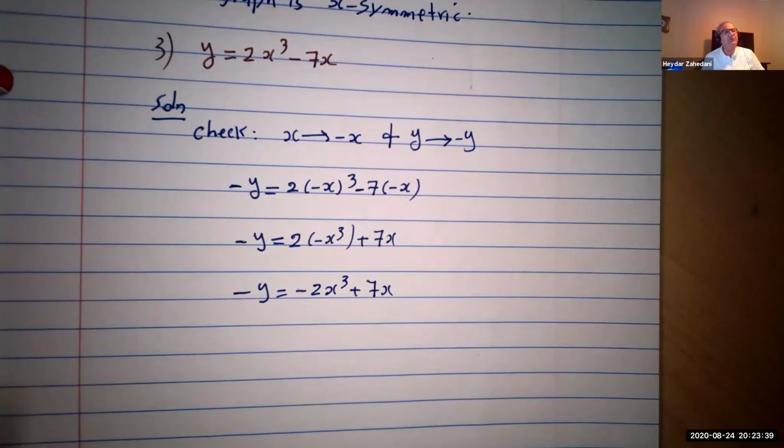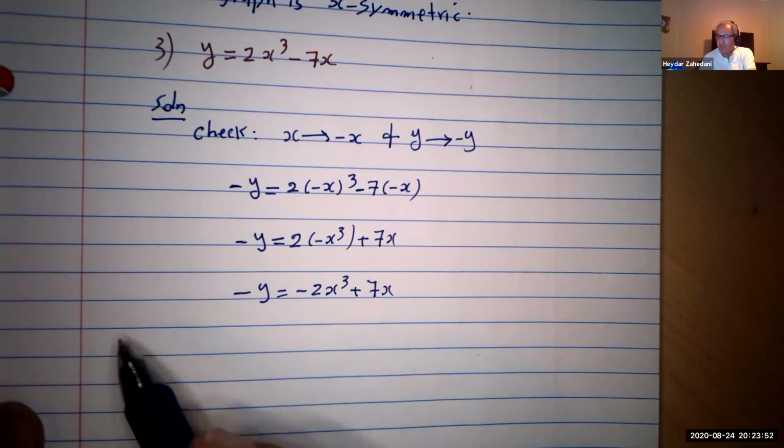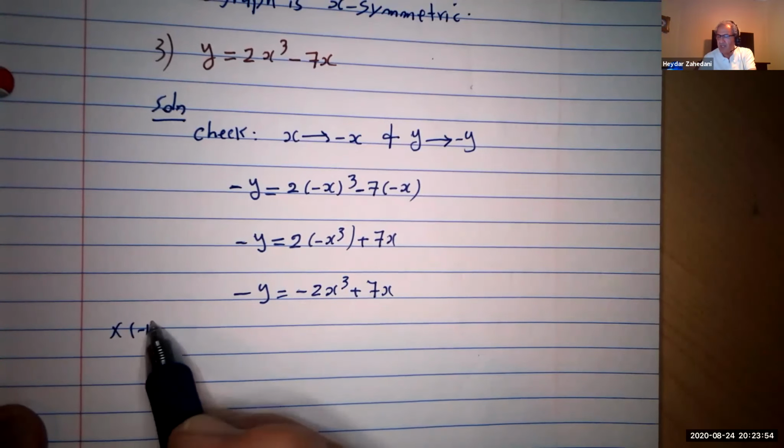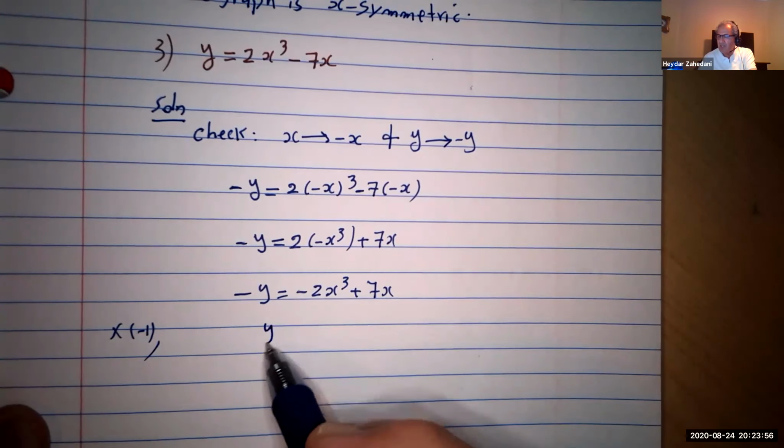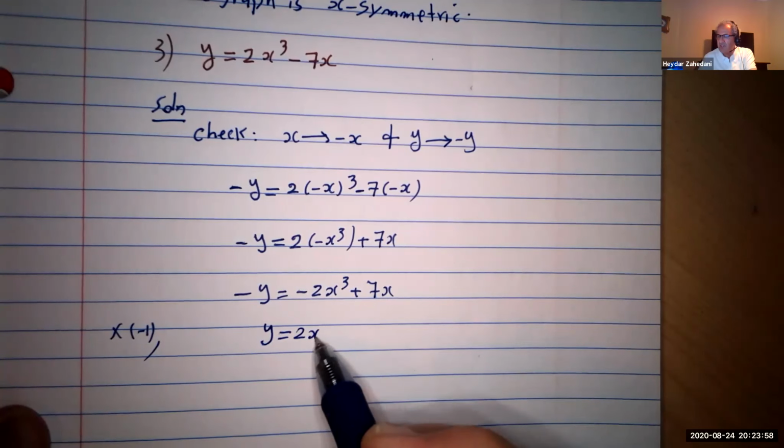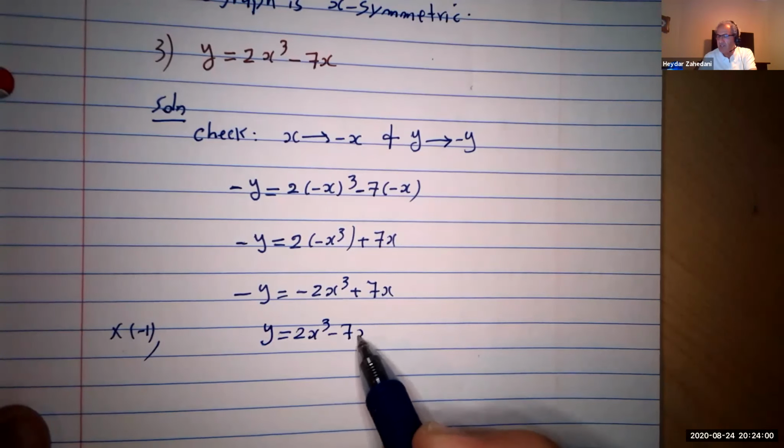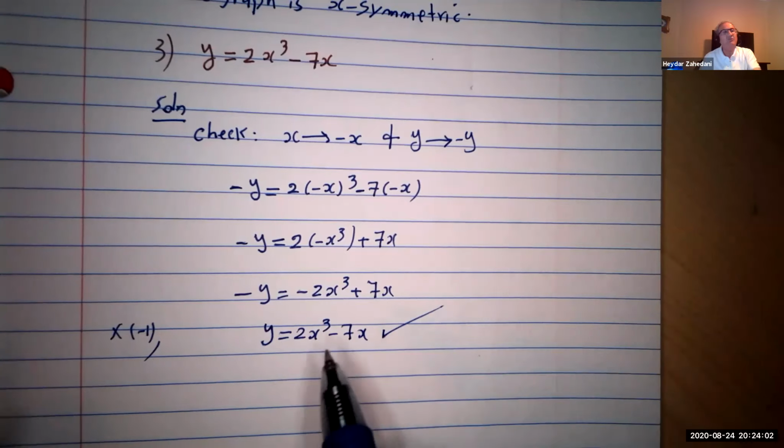But remember, you are looking for y. Since you're looking for y, you have to solve for y. To solve for y, you multiply by negative 1. So that gives you y equal to 2x cubed minus 7x. You get the original equation.